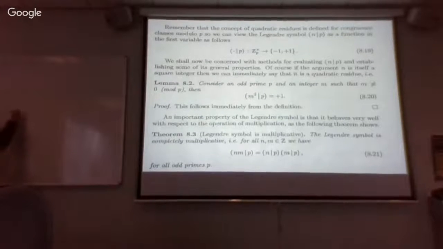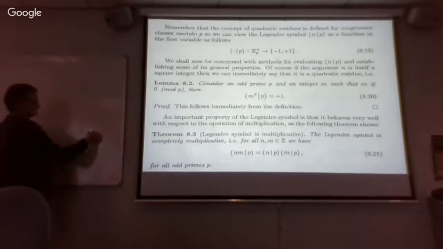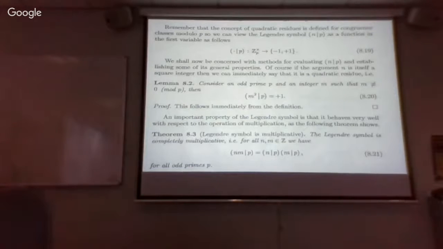A nice, clear example you're familiar with is from linear algebra, the determinant function, which applies to matrices. The determinant of a product of matrices is indeed the product of the determinants.